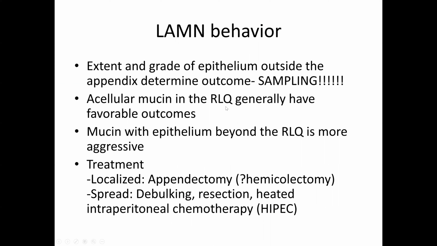Generally, if it's just mucin in the right lower quadrant, they're going to do quite well. If there's epithelium and mucin beyond that, then they may warrant more aggressive treatment. And that treatment can include localized treatment or treatment to debulk, resect, or potentially even include heated intraperitoneal chemotherapy or HIPEC.